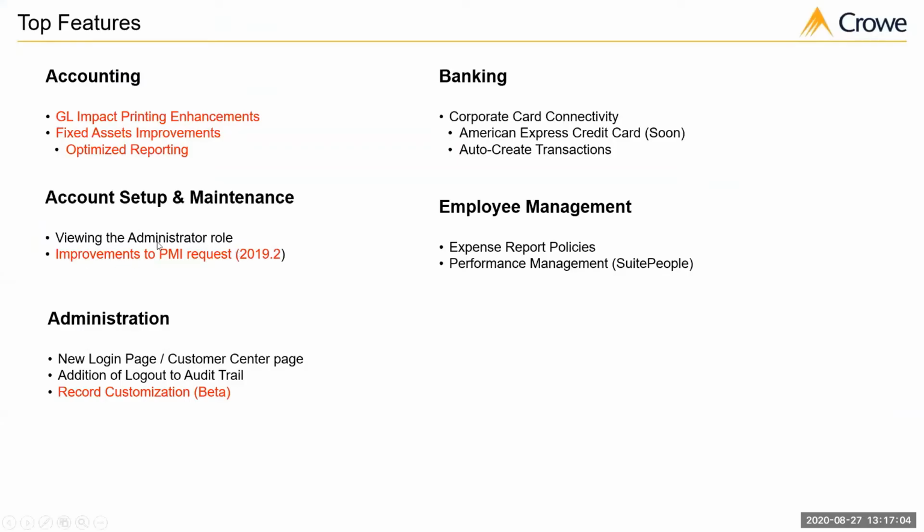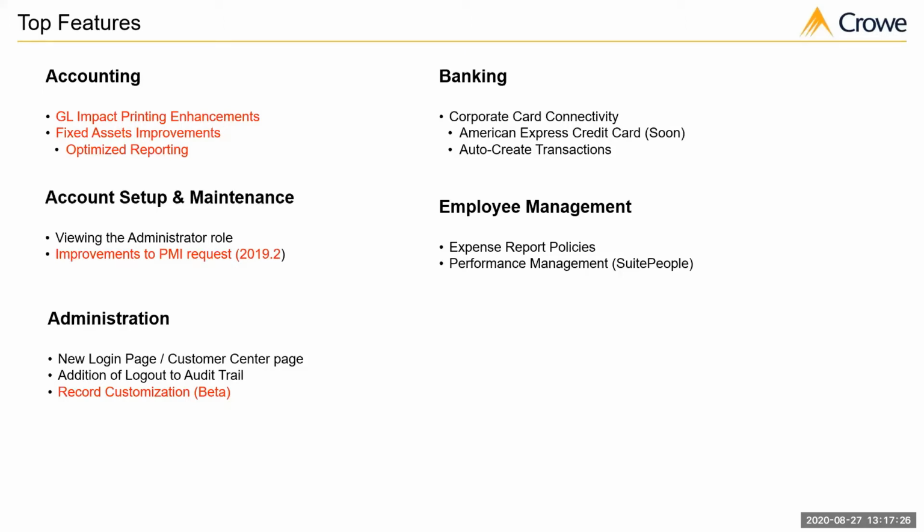The other thing is that they've made improvements to the PMI requests, and I just highlighted this because PMI, or personal information management, is the privacy information to comply with GDPR and California rules. It's something that not a lot of customers use or even know exists.